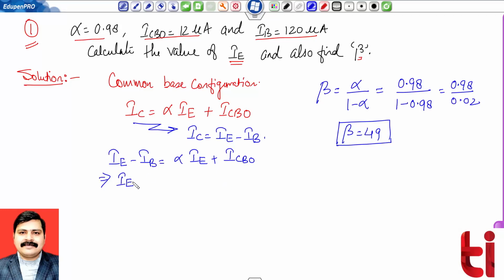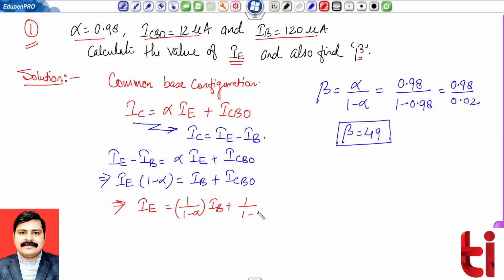I am taking IE common: IE times (1 minus alpha) equals IB plus ICB naught. Effectively, I will have IE equals 1 upon 1 minus alpha times IB plus 1 upon 1 minus alpha times ICB naught.